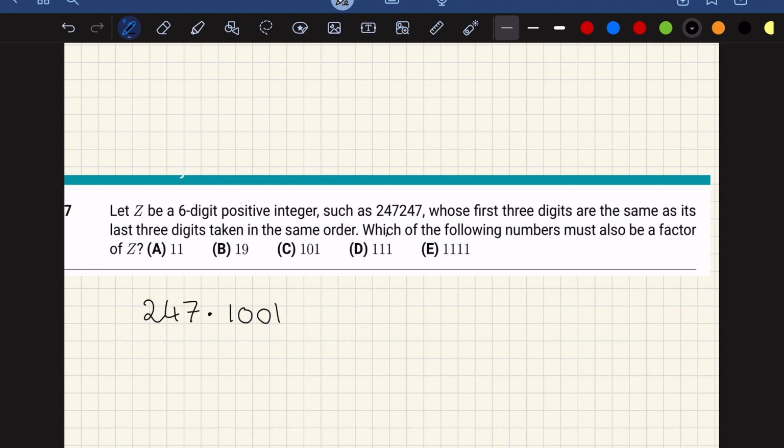But firstly, let's see what we might be able to eliminate. 247 is smaller than 1111, and so is 1001. So this cannot be a factor.